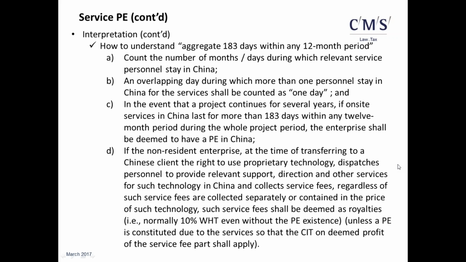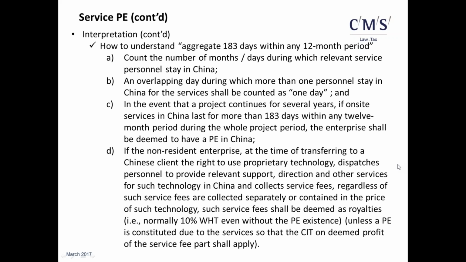And for such a license, normally 10% PRC withholding tax should be paid by the foreign enterprise, even without the existence of a PE in China. So this is something I think many foreign enterprises should take into consideration when they sign technology licensing agreements with PRC customers. The next slide.